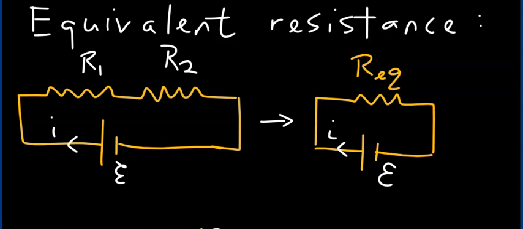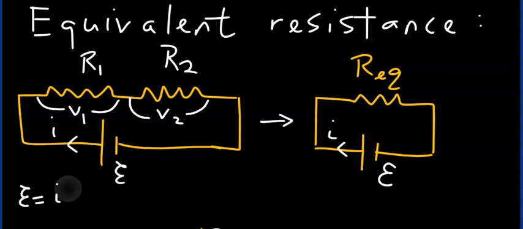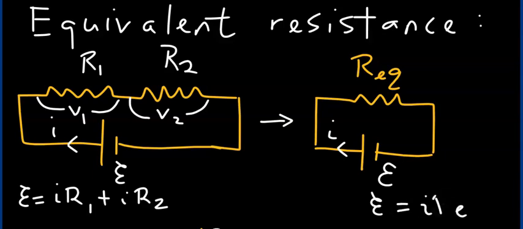Now we have seen that the potential differences across R1 and R2 must add up to the EMF. So in the first circuit, we can simply write EMF equals I R1 plus I R2, this being V1 and that being V2. In the second circuit, the equivalent circuit, EMF is quite simply I Req.